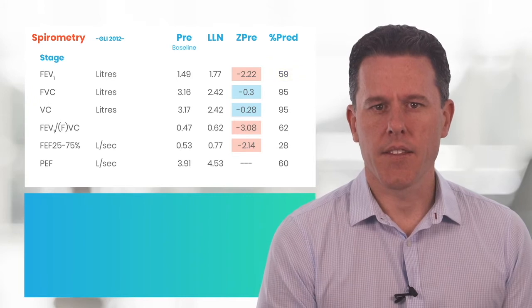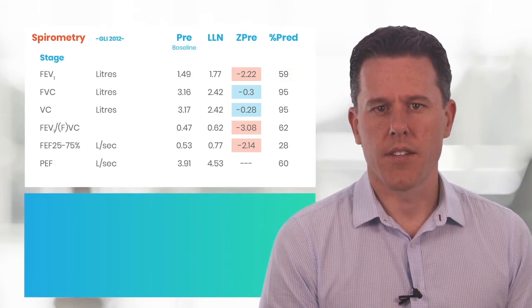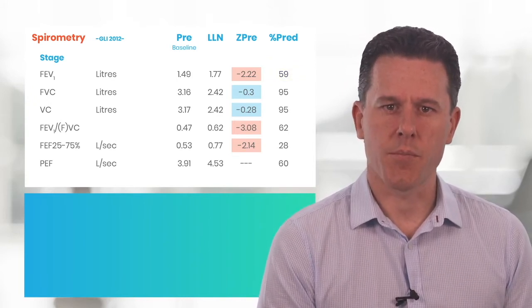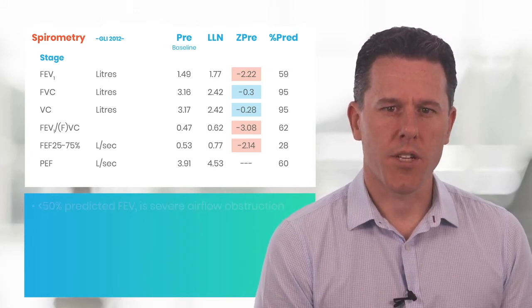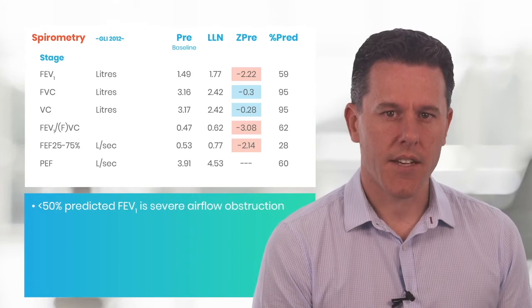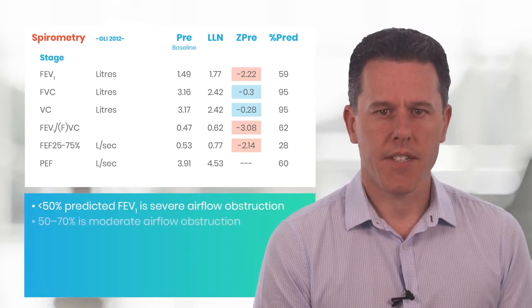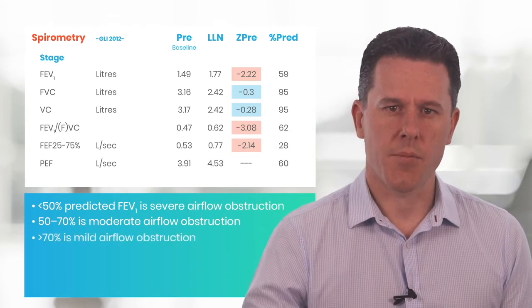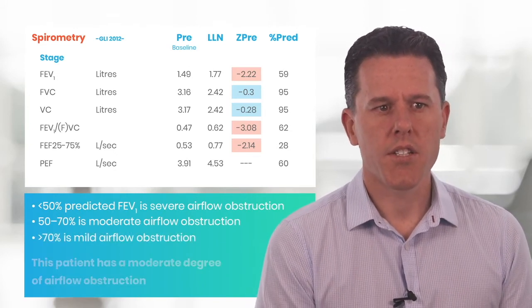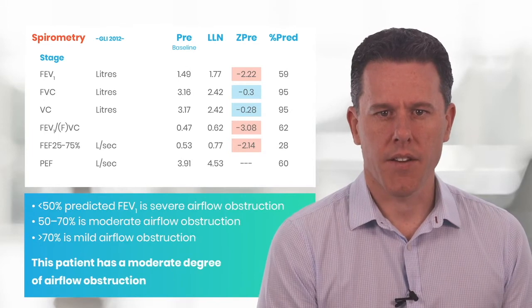And as a guide, depending on what guidelines you look at, there's a bit of variability. So it doesn't matter so much, but in general terms, less than 50% is severe airflow obstruction, 50 to 70% is moderate airflow obstruction, and above 70% is mild airflow obstruction. So this person has a moderate degree of airflow obstruction.